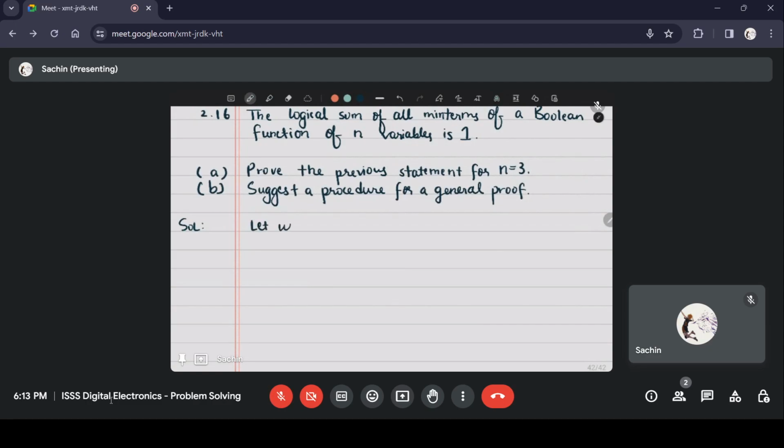let us assume ABC to be the 3 variables.